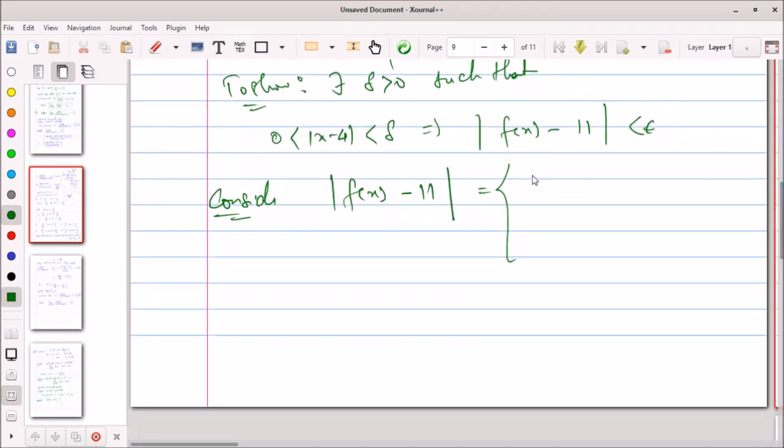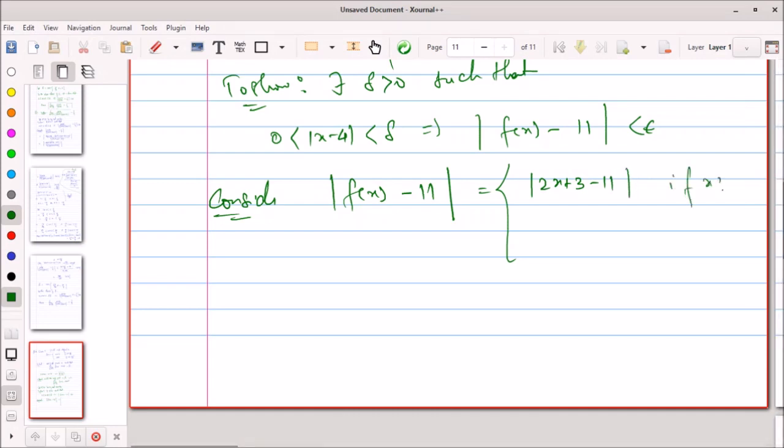I can write this as |2x plus 3 minus 11| if x belongs to Q, and |x plus 7 minus 11| if x belongs to Q complement.